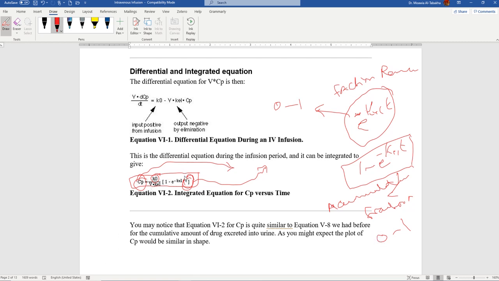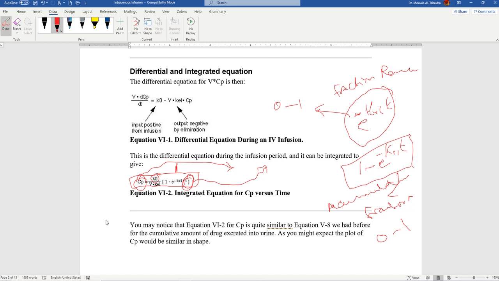What happens after a very, very long time? e to the power of minus a very big number is 0. So 1 minus 0, the accumulation fraction becomes 1, meaning we reached 100% accumulation.